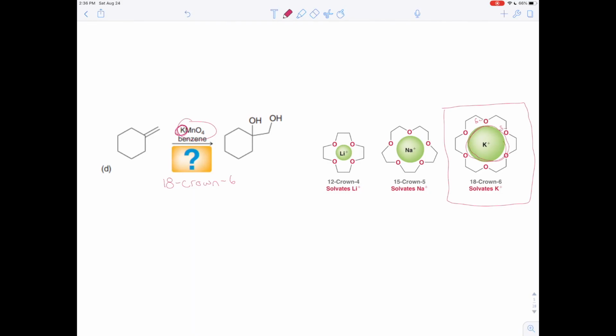All the oxygens have that negative charge, and that pocket is the perfect size for a potassium cation, a potassium with a positive charge, to fit in. Once that's stolen away, the polyatomic ion here, permanganate, would be able to oxidize or react with this double bond. And so 18-crown-6 is all you would need to write. That would be all you need to make this reaction happen.